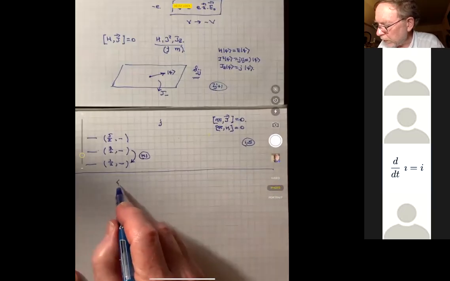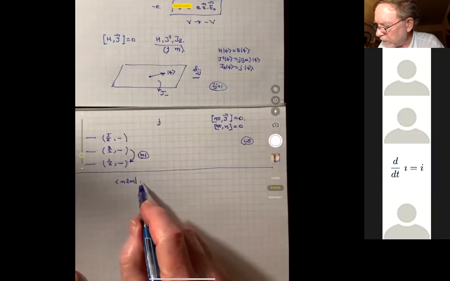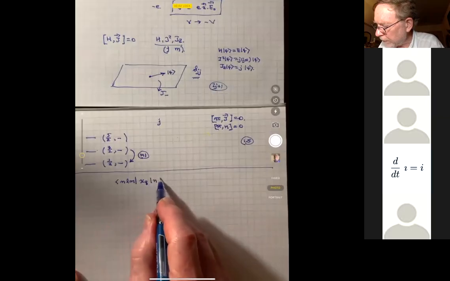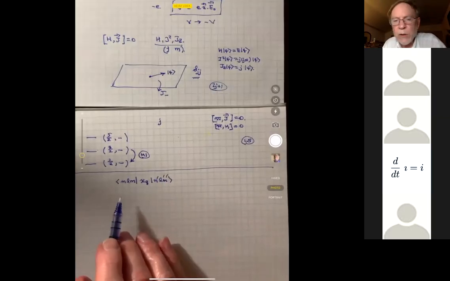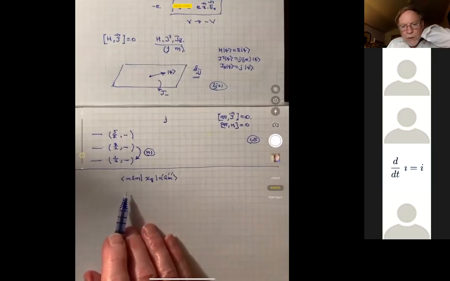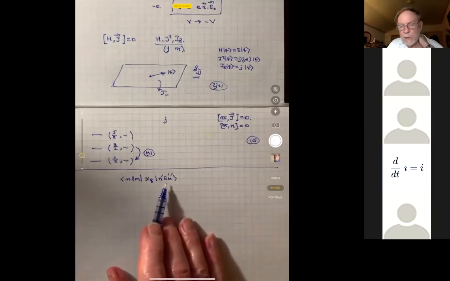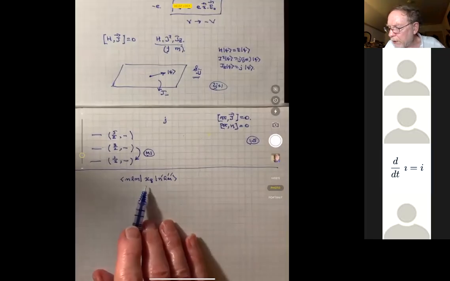The case of selection rules we considered earlier involved the dipole transition in a single electron atom, and we had a matrix element governing that had two single electron central field orbit wave functions, energy eigenfunctions, NLM and NLM primed, sandwiched around the position operator.